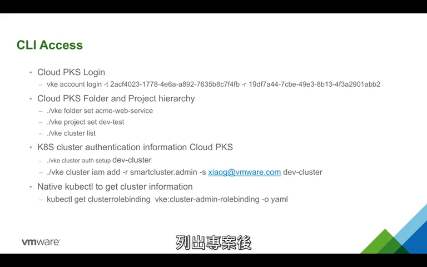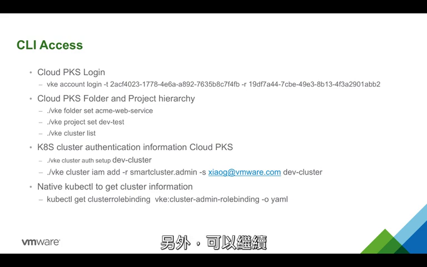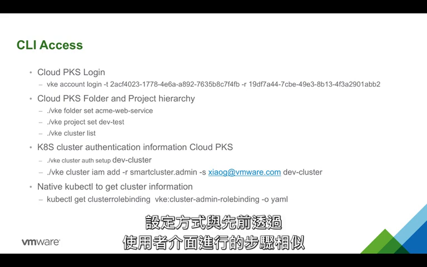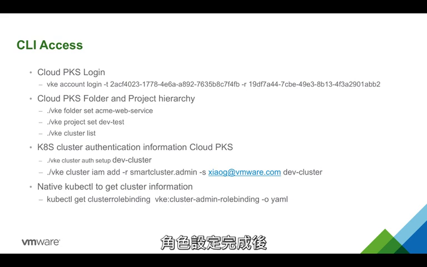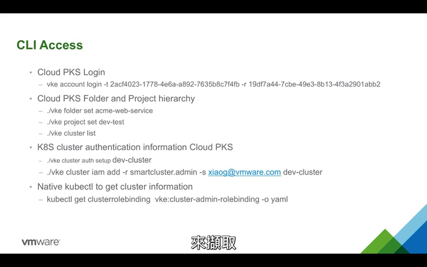Once you list the clusters, you will define your authentication information, which basically sets up your kubectl configuration, and then you would go ahead and configure additional roles, similar to how we did earlier using the UI. And once the role is set up, you can use the native kubectl command to retrieve the cluster role binding information against the role. Now let's take a look at that.